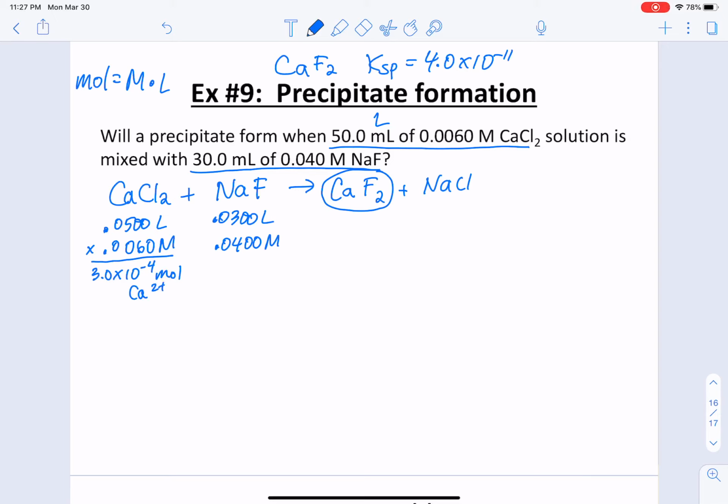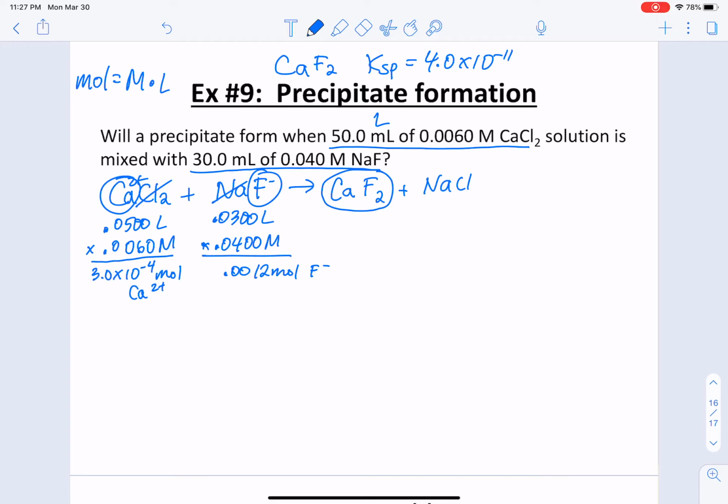We don't care about chloride, because chloride ions are going to be spectators, so we're really focused on calcium, and that's part of our precipitate. Same process here. We're going to take 0.03 liters of sodium fluoride times the molarity of that original solution, and that gives us 0.0012 moles of fluoride ion. We aren't really looking at the sodium ion because that's a spectator.